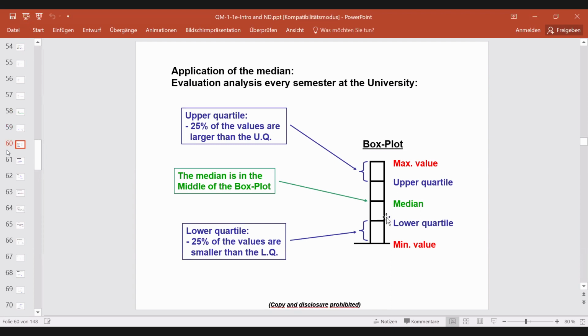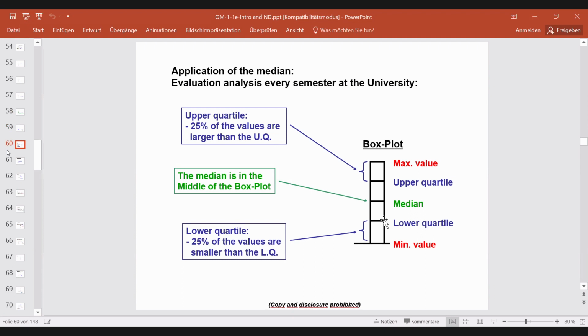This means 25% of all the measurements above the median, which are bigger than the median, are in this square here, up to the upper quartile, and 25% below the median, which are smaller than the median, they are here in this box, to the lower quartile.